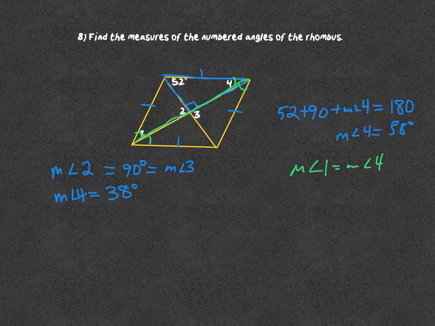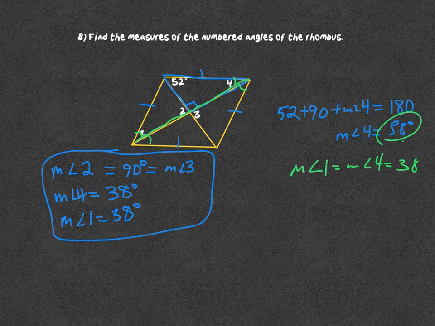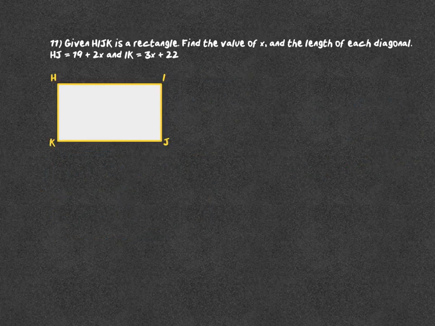But the measure of angle 4 was 38. So that means the measure of angle 1 is 38. So when you are finding the measures of the numbered angles, you just need to break it down using the theorems that we know to figure out the different angles.